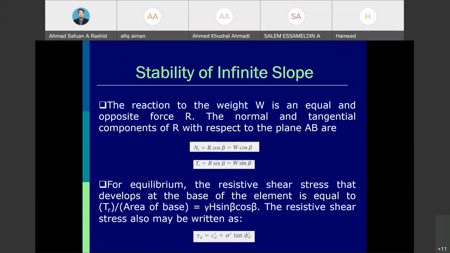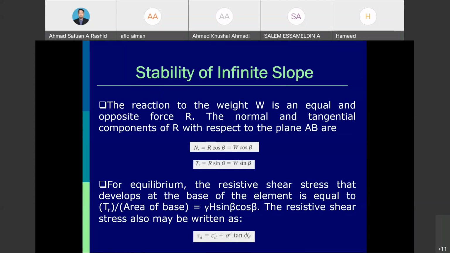So then they get W cos beta and W sin beta. For equilibrium, the resistive shear stress that develops at the base of the element is equal to TR over the area of the base, which is the same approach we have discussed before.